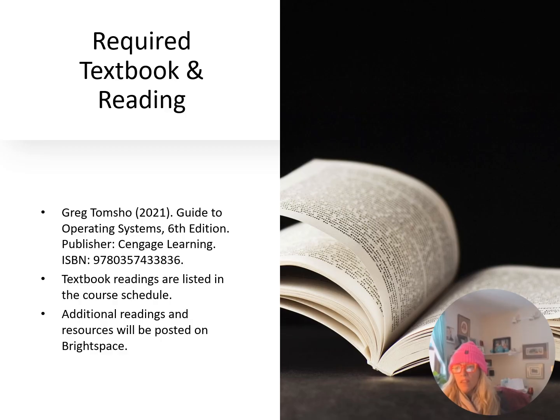The syllabus has all the readings, but I will post on Brightspace every week in the modules what readings are due. And as we go along, as things happen, I will post additional readings as well. Those will be links, and you won't have to buy them, but the textbook is the only thing you have to buy.